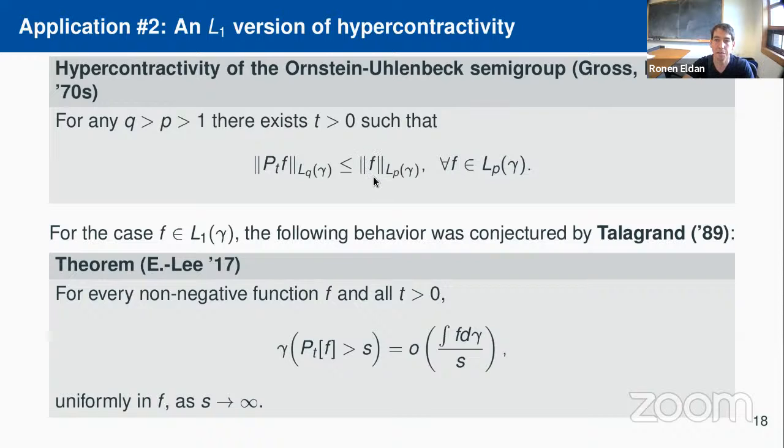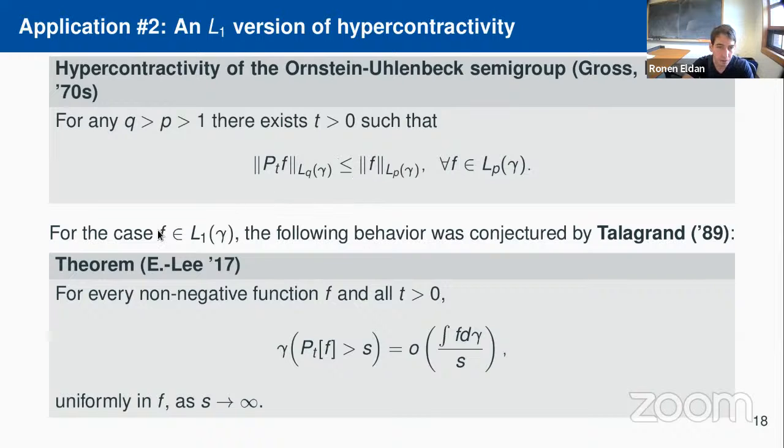If I take any function f which is in Lp, and I apply a little bit of this smoothing operator, the Ornstein-Uhlenbeck operator Pt, to the function f, then this smooth function will already be in Lq for q bigger than p, and there is actually a quantitative estimate for this. So this is lower or equal with coefficient 1.